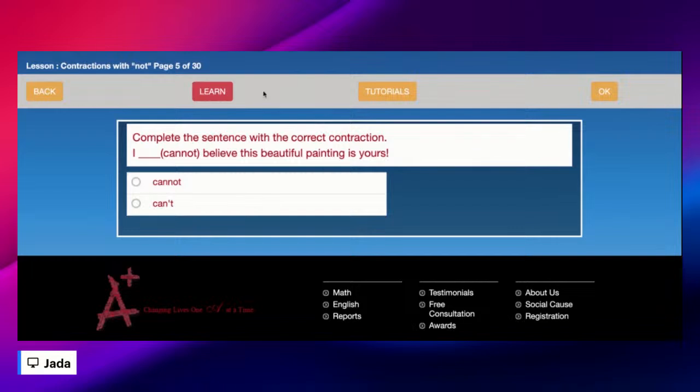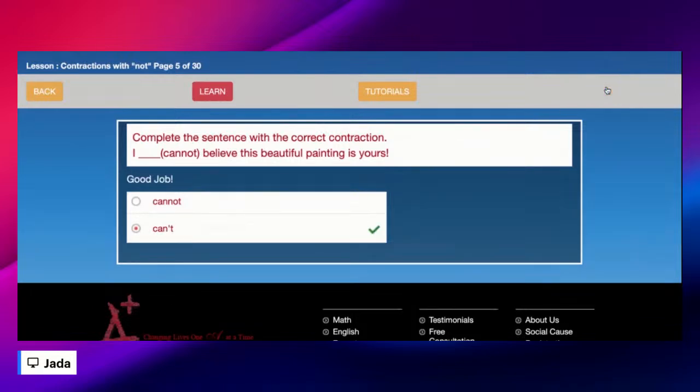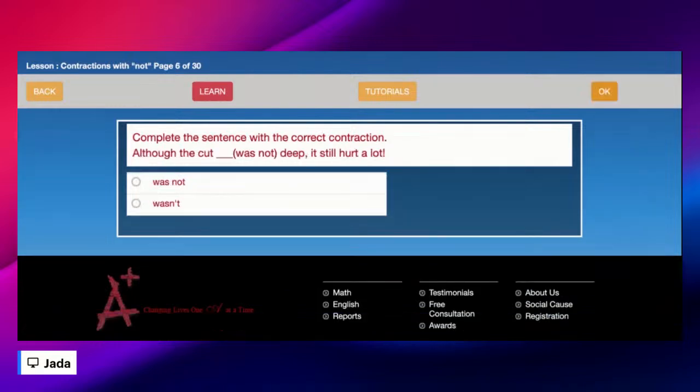Okay, that's good. Then we have: although the cuts dash deep, it still hurt a lot. So what's the right option? I will not get angry. Okay. I can't sleep. I can't carry my stuff. Okay.